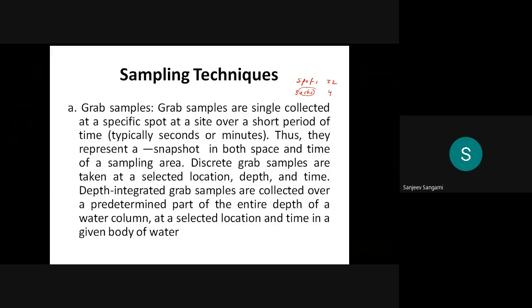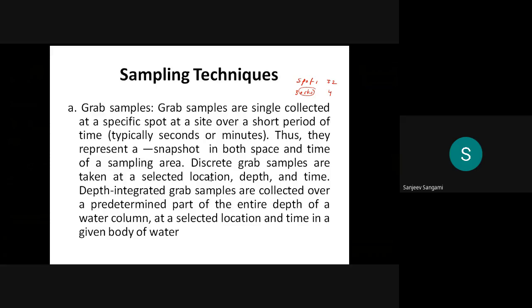We have discussed grab sampling. Of course, there are three types of sampling techniques: one is grab sampling, one more is integrated sampling, and the third one is composite sampling.